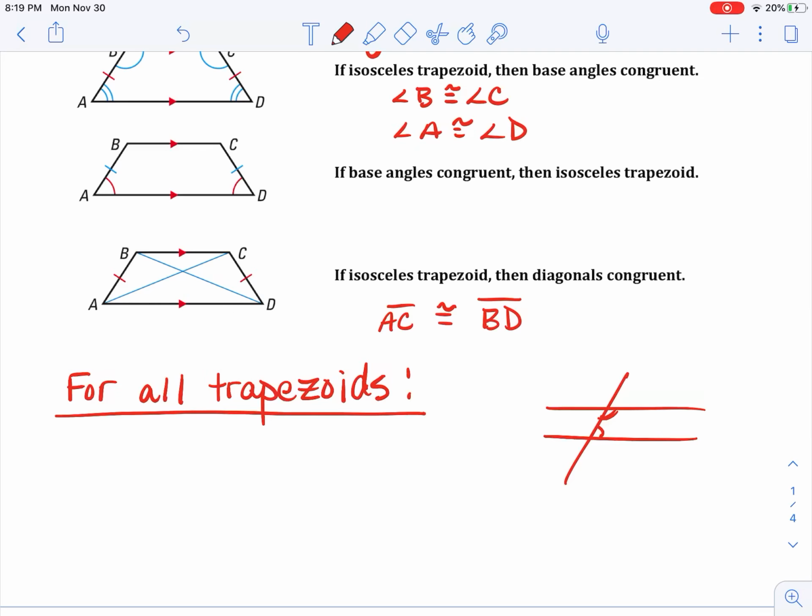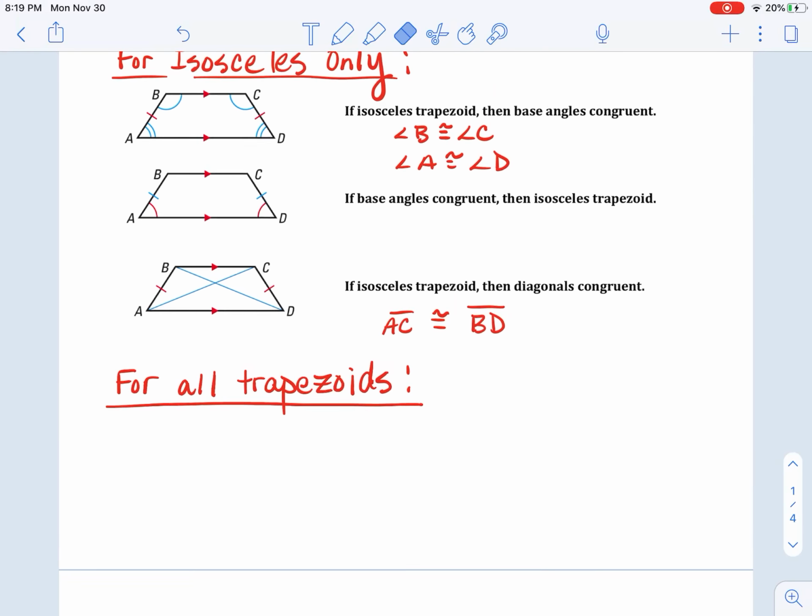So in any trapezoid, you actually have same side interior angles running along your legs. And so we should remember that those are always supplementary. So in our pictures on this page, all the leg angles are labeled the same. So let me first write that leg angles are supplementary.